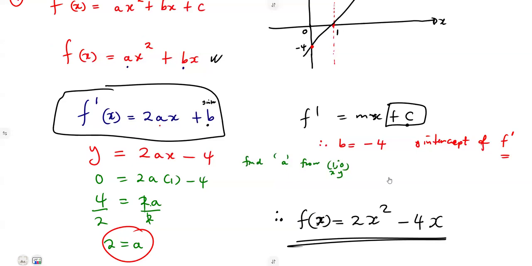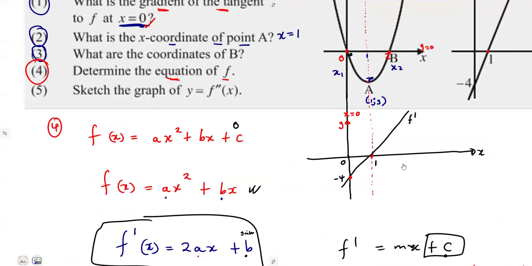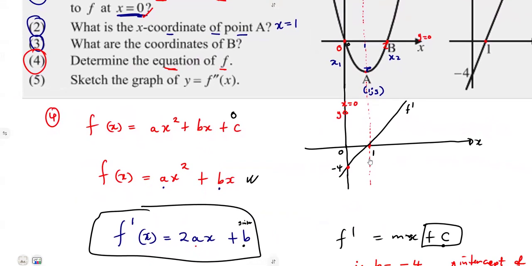Our f of x, the quadratic, the original function that we had, was not given anything from there, but we can use the understanding of its derivative, because everything is there, like the x-intercept and the y-intercept. We can use that.